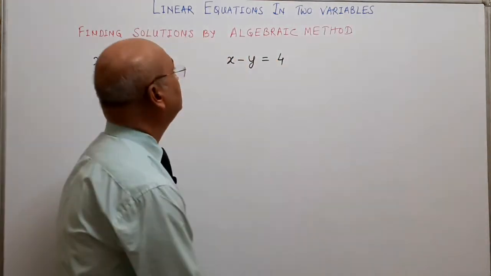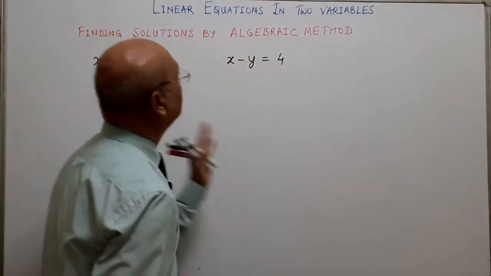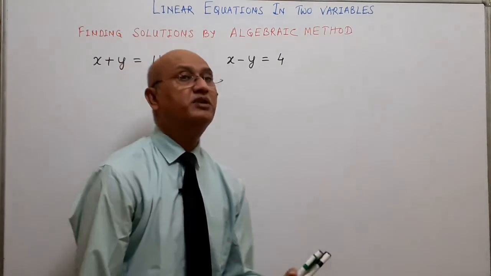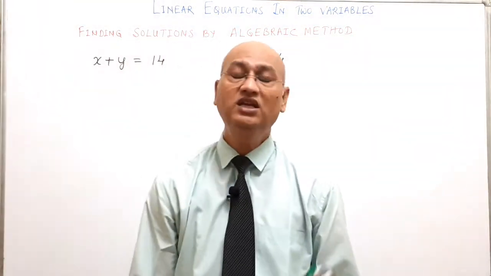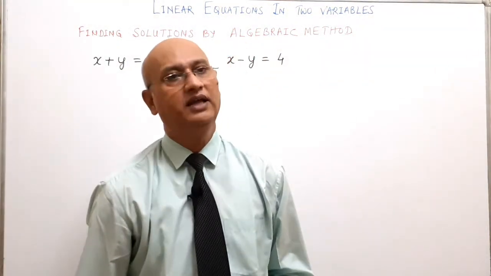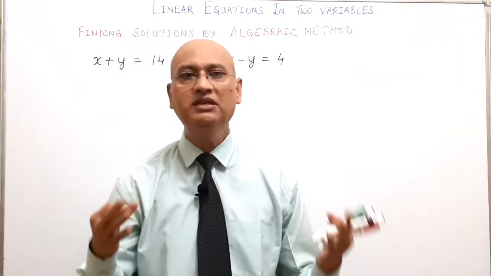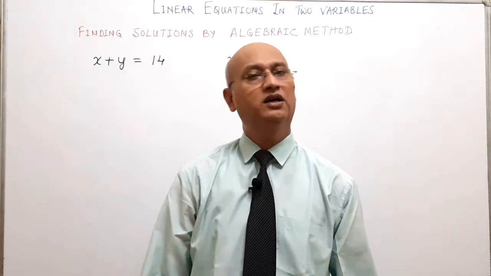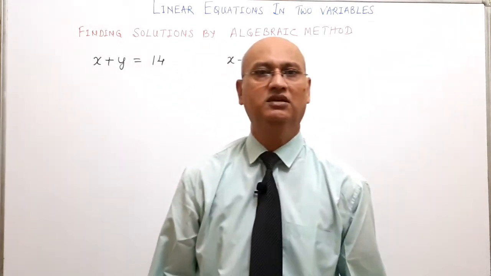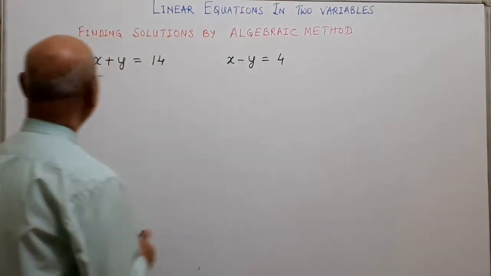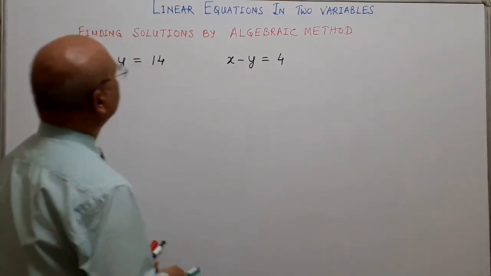You know that we have 3 algebraic methods: first is the substitution method, second is the elimination method, and the third is the cross multiplication method. Now first we are discussing the substitution method.